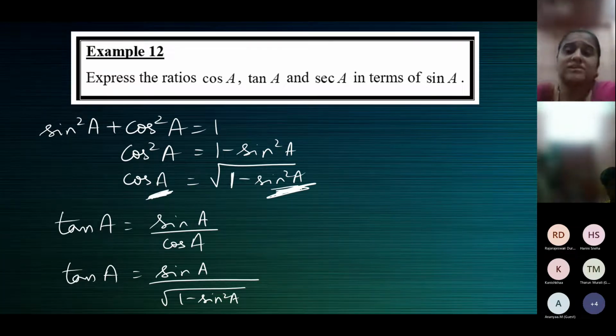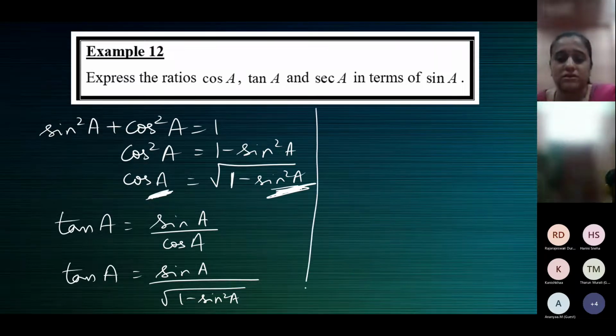Now, secant A in terms of sin A: we already have cos A in terms of sin A. I'll show you the answer slide.